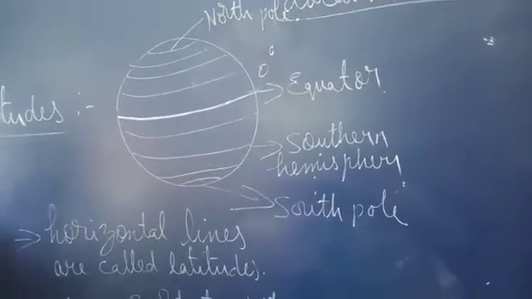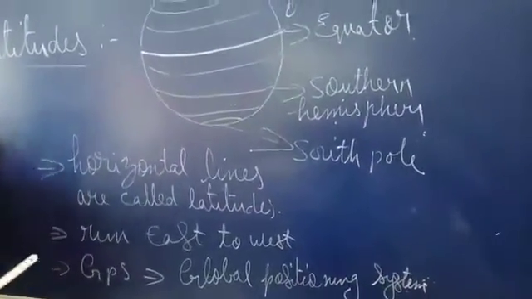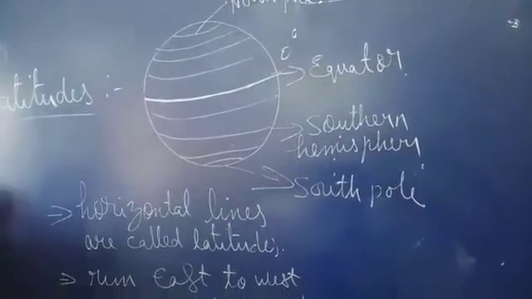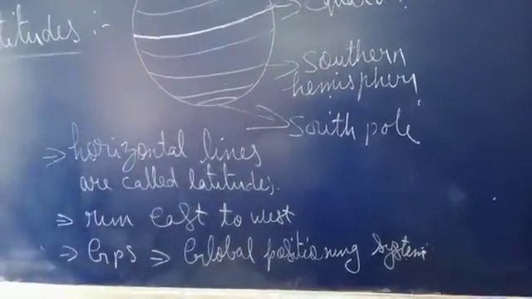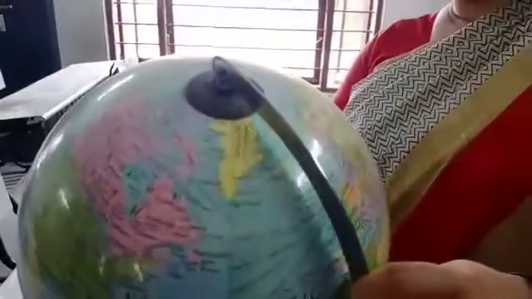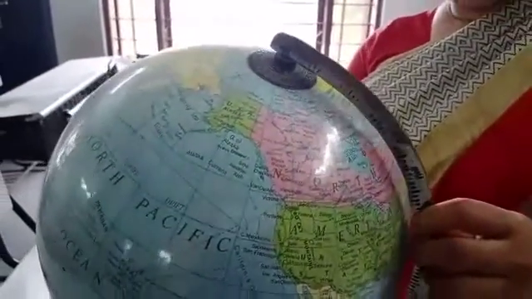Children, in mobile, a code number is given according to these latitudes and longitudes. With that number only, it shows the proper position of the places. In this globe you can see, and you can even open your atlas and see the latitudes and longitudes drawn on the map.